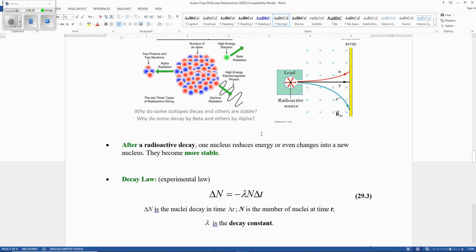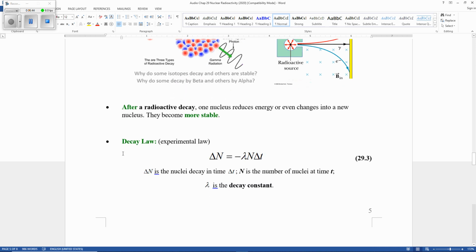Do you think the trillions of nuclei are going to decay at the same time, taking no time? No. Some decay first, some decay later. But on average, they have a speed of how fast they decay. Some samples decay very fast, some decay very slow.